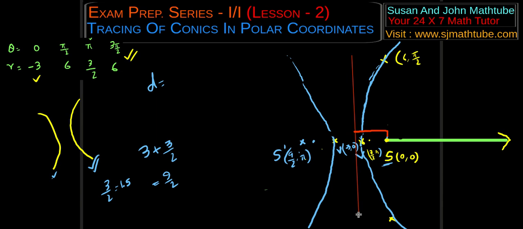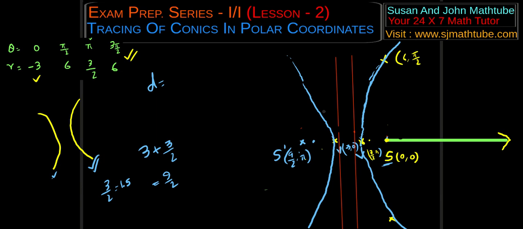So this will be our directrix. Now from the next focus, I have to move, what is d? Yeah, d is 2 units. So I have to move 1 and 2. So there will be my next directrix. Let's plot the next directrix also here.